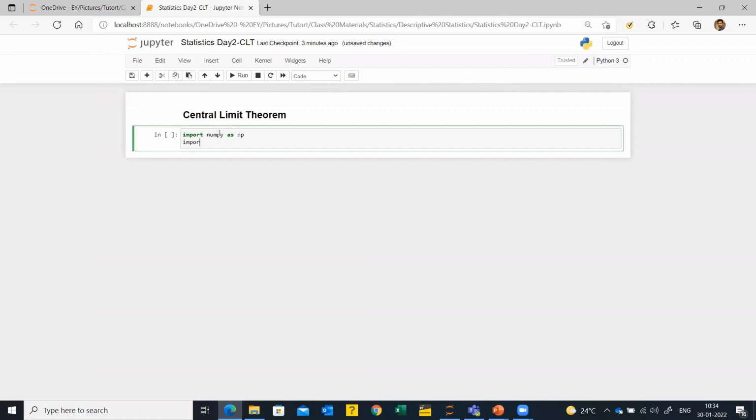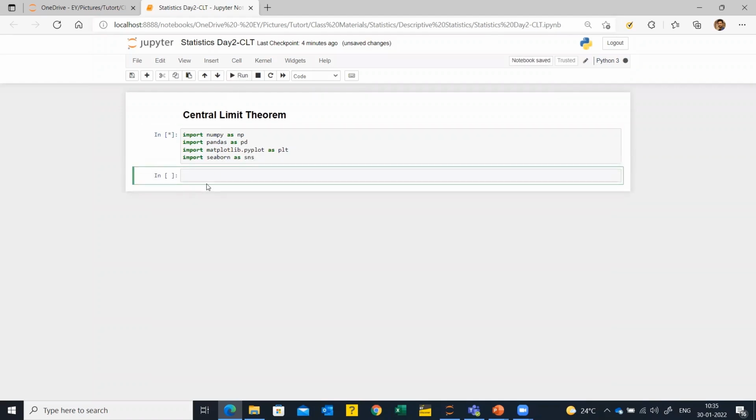Okay, import pandas as pd, right? And whatever is required for visualization, we can use import matplotlib.pyplot as plt, right? And yesterday also we imported seaborn, so we'll import seaborn as sns. Okay, I'll run it. I hope there is no syntax error.